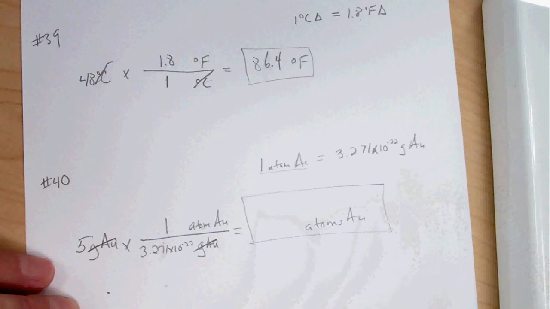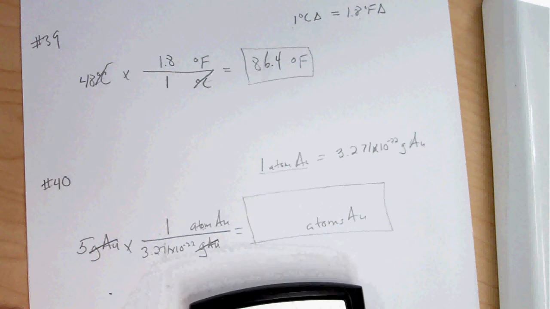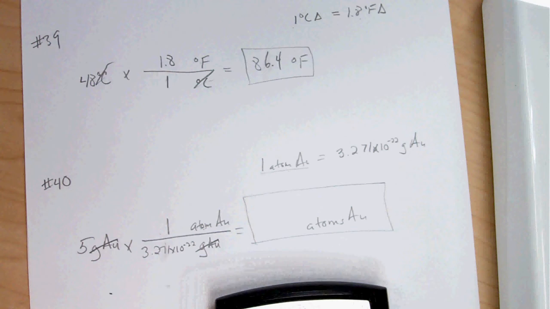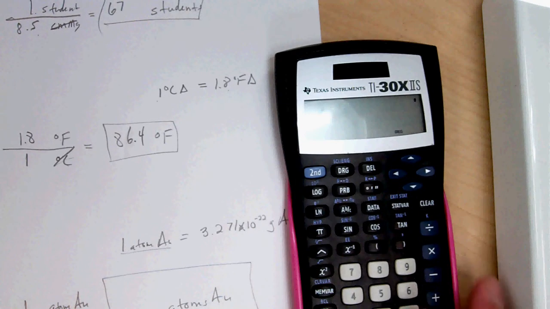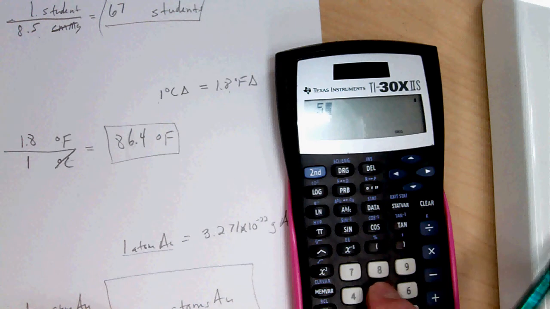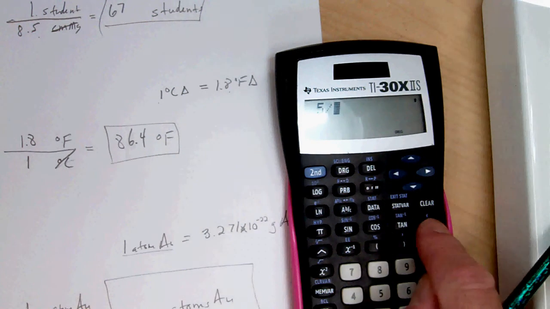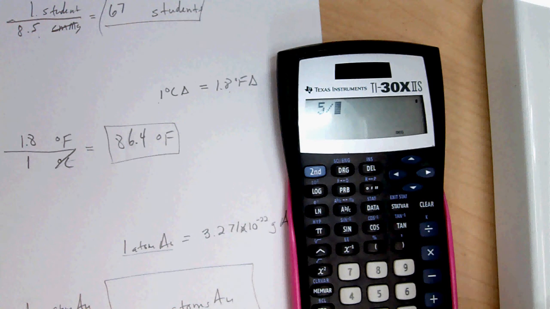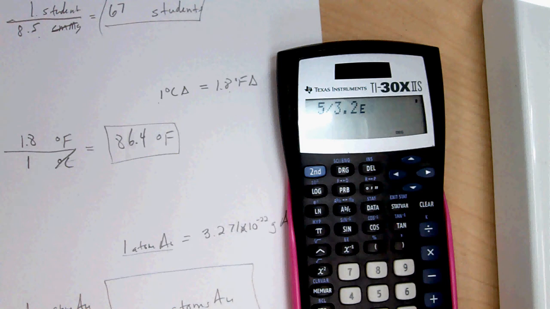I need more space to write that answer. I'm pretty sure it's going to be in scientific notation. So, for those of you who don't remember, I'm going to show this process one more time. I'm going to enter 5, and I'm going to divide by, and I'm not going to do times 1 because it doesn't change the value. 3.2, second function EE, negative 22.